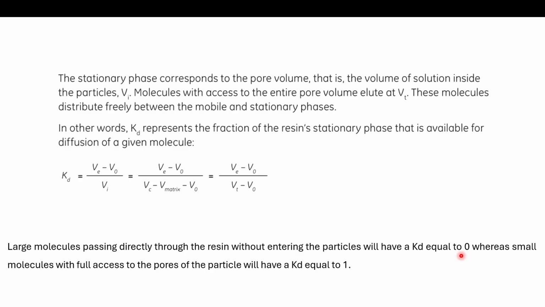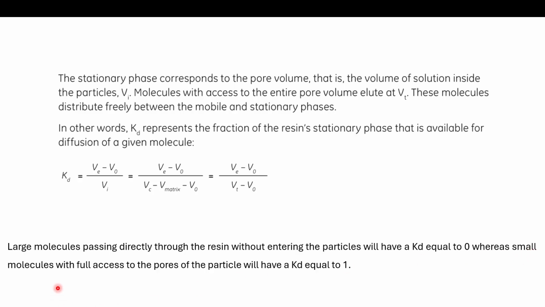They just come out, passing outside the pores completely. They don't have access to the pores because their dimensions are too large compared to the pore dimensions of the resin. So KD is equal to 0.